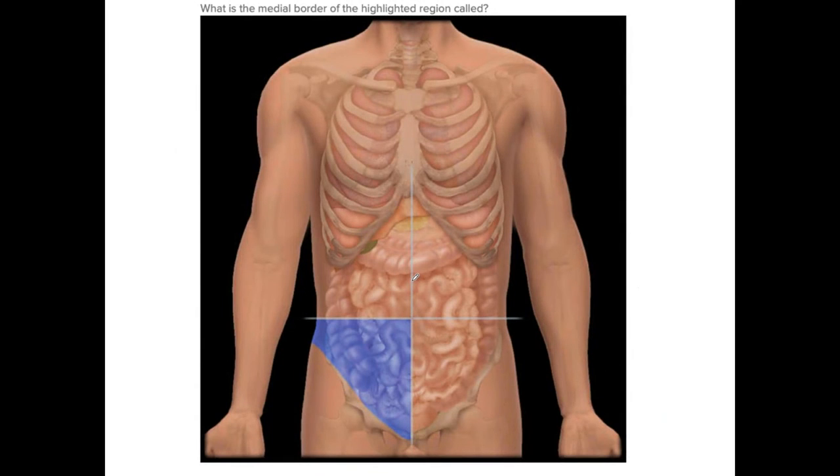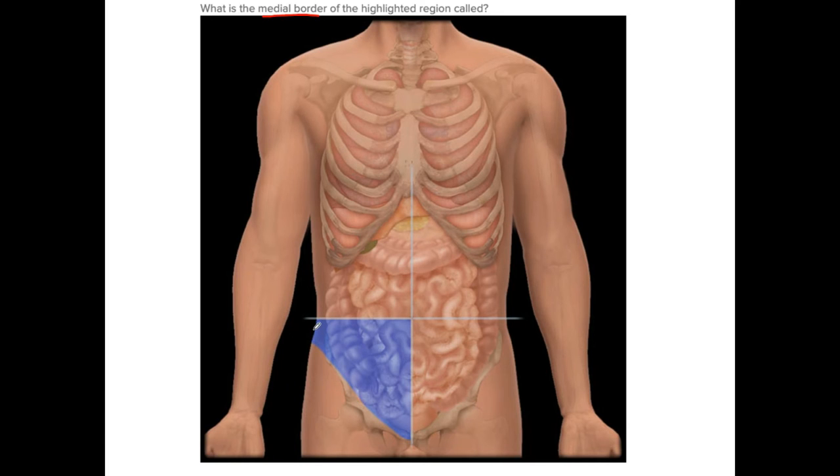Okay. Which section is this? This is the right lower quadrant, but look at the question. Look on the top. What is the medial border of the highlighted region called? So now it's two for the price of one here. They're asking two questions in one. We know that this is the right lower quadrant, but they're asking medial border.